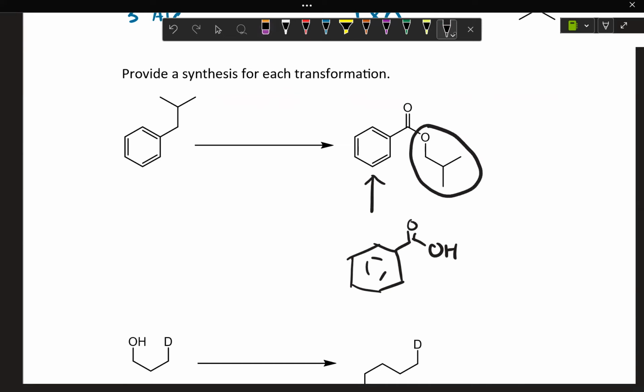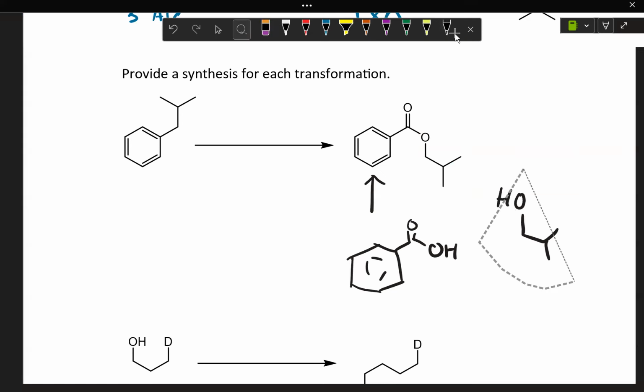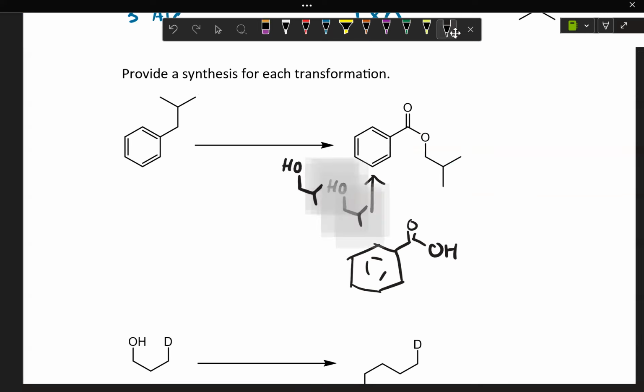The alcohol should be this part of the ester. So if we turn this into an alcohol, then it's going to look like that. So this is what's going to go along with the arrow. And then it's done under acidic conditions, so sulfuric acid.